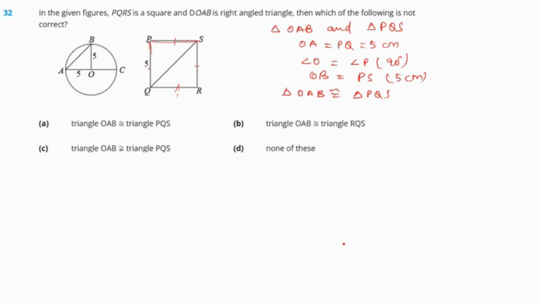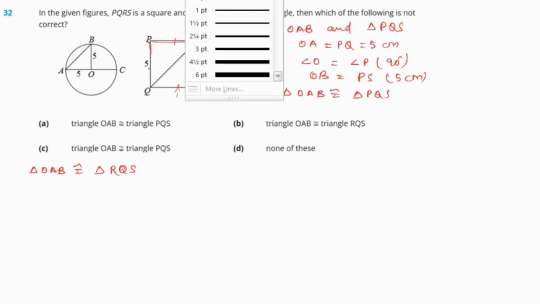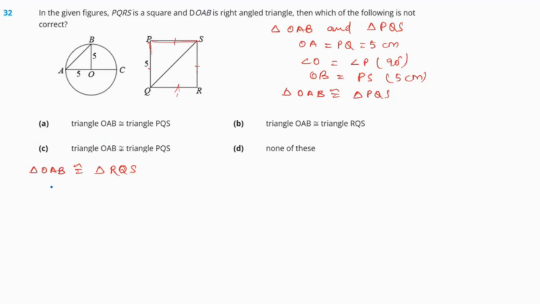Now statement B is saying that triangle OAB should be congruent to triangle RQS. Let's see whether they are congruent to each other or not. Okay, so OA is equal to RQ.